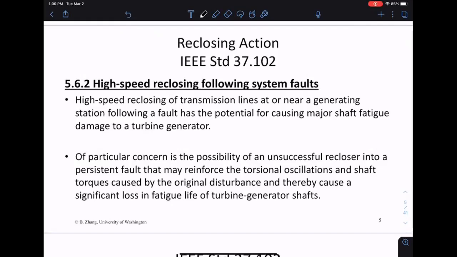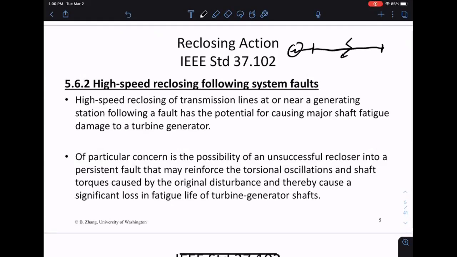What this standard says is, if you have a generator here and you have a fault on the line, let's say some sort of transient fault on the line.